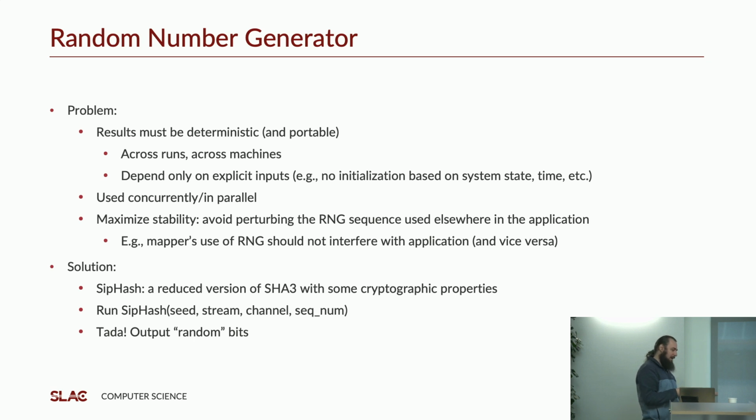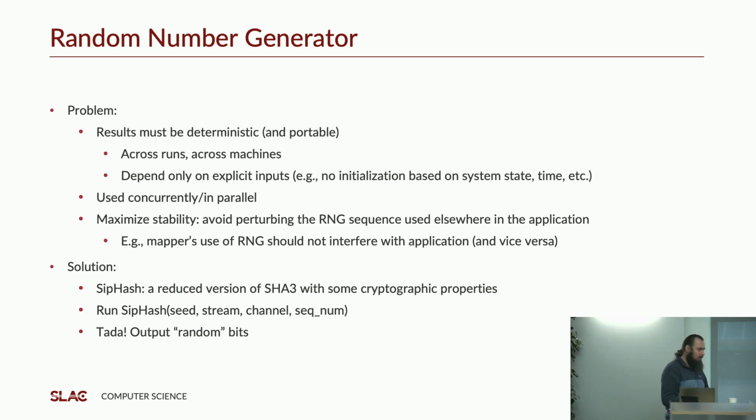So we have a stream for the mapper, we have a stream for projection functors, we have a stream for the main application, or what have you, and then within those you can have optional channels, and then you just increment some sequence number, right? So you just request 0, 1, 2, 3. As long as every input to the hash function is unique, and the hash function itself is good enough, you think, well, this is really low entropy, if you're into cryptography, which is true. But if the hash function is good enough, you get random enough looking bits coming out the other side.